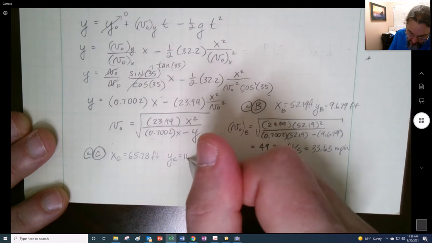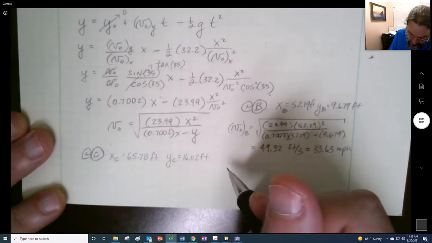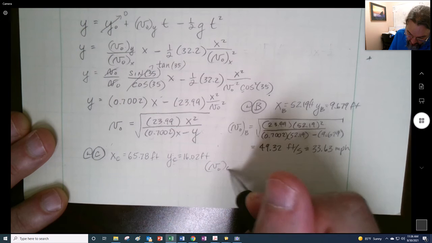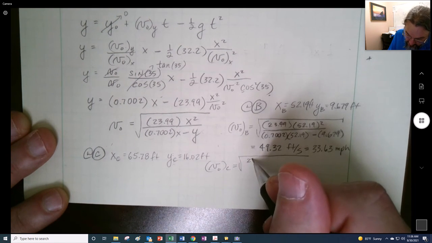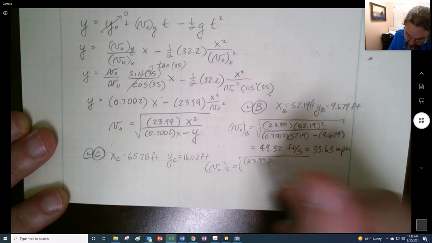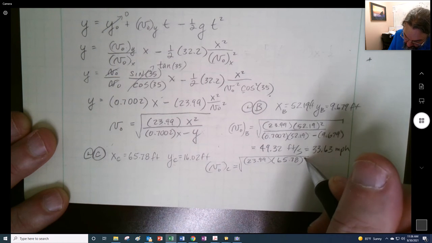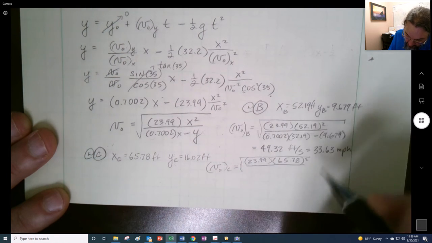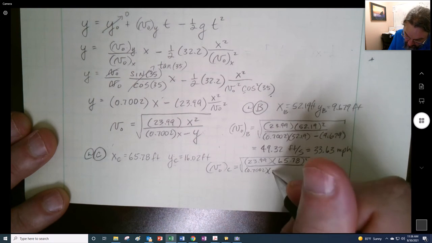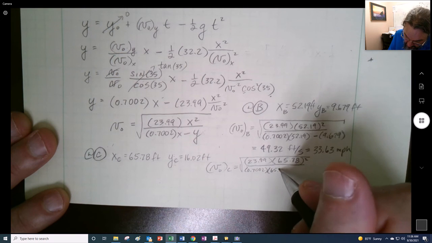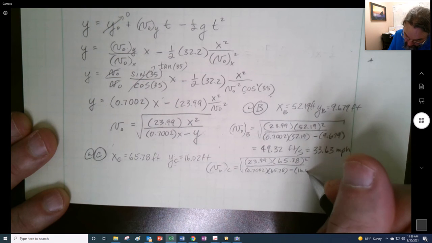And that's 16.02 feet. So we'd find that VO at C is going to be the square root of 23.99 times 65.78 squared divided by 0.7002 and 65.78 minus 16.02.